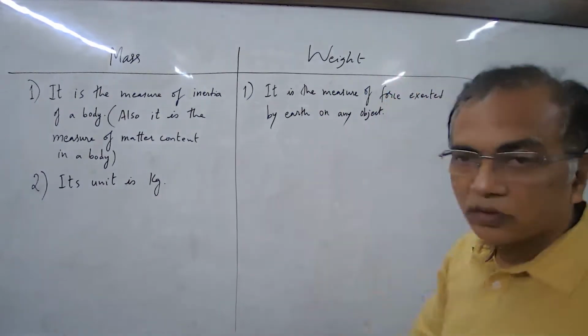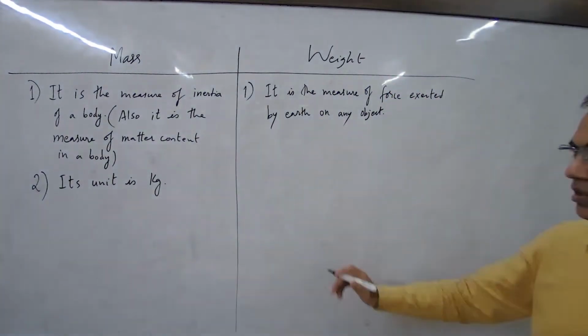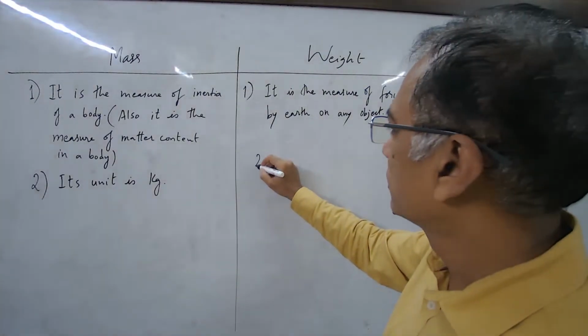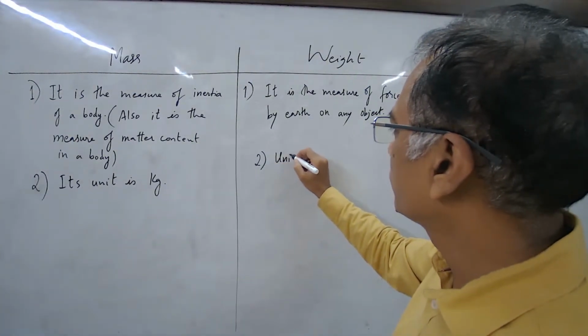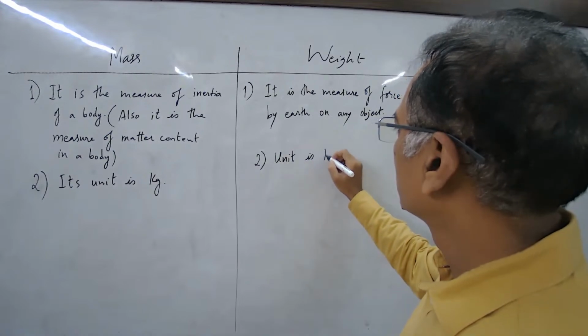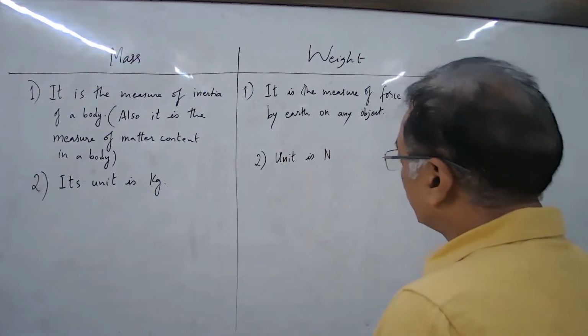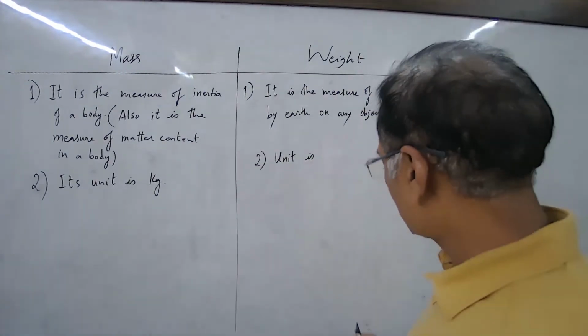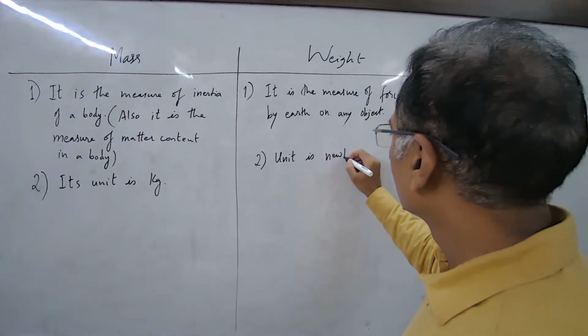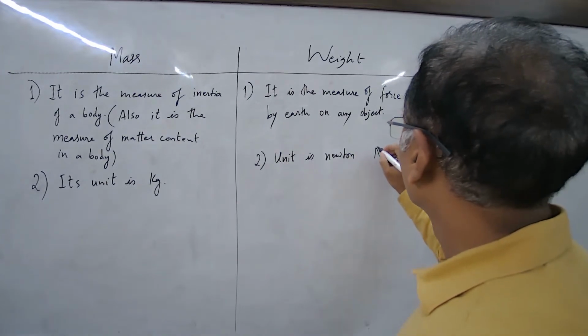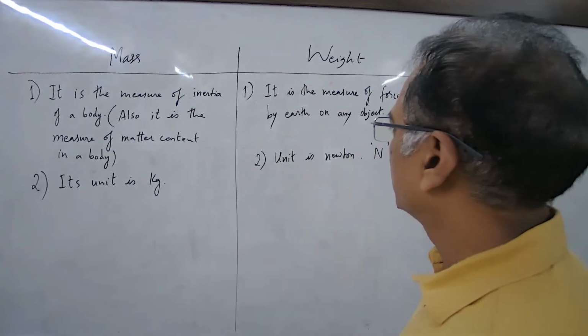Its unit is Newton. It is the SI unit of weight. When you write the full word Newton, you write it in small case. Symbol is N.